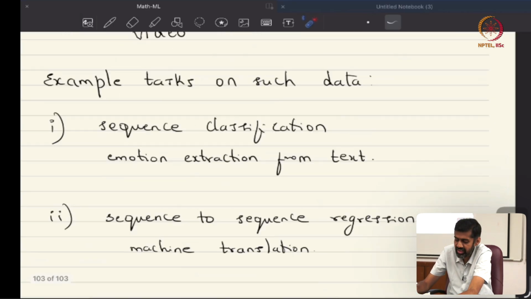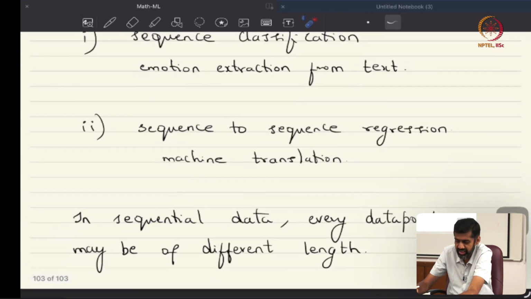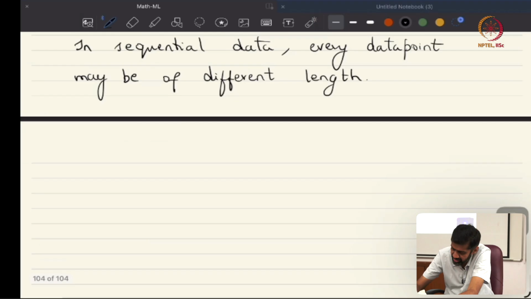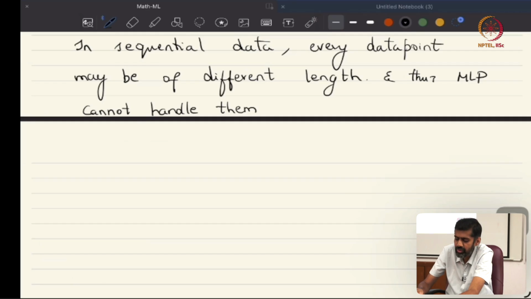So the architecture has to handle this kind of a thing, right. So the inputs have different lengths, and therefore this MLP cannot handle them, unless you zero pad all of them to have the same length. That can be done, but that's not the most elegant way of doing it.